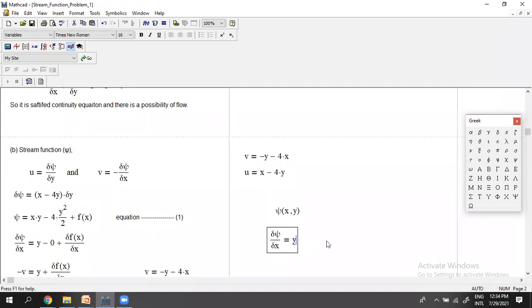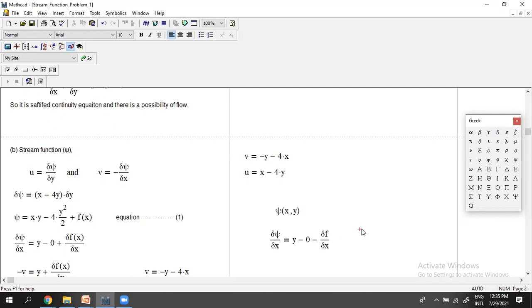So right over here will be minus 0. And what about this term? This term will be the derivative of a function. That means this will be minus del f divided by del x.